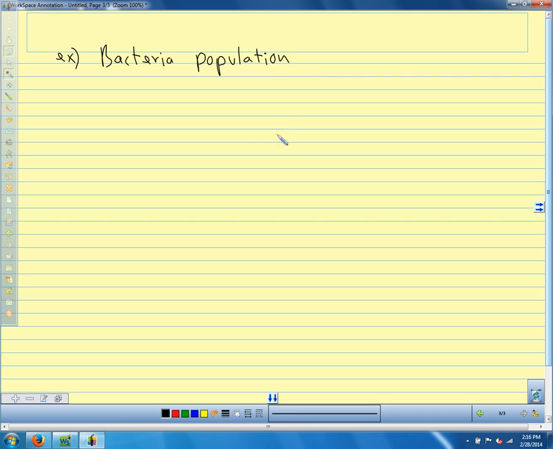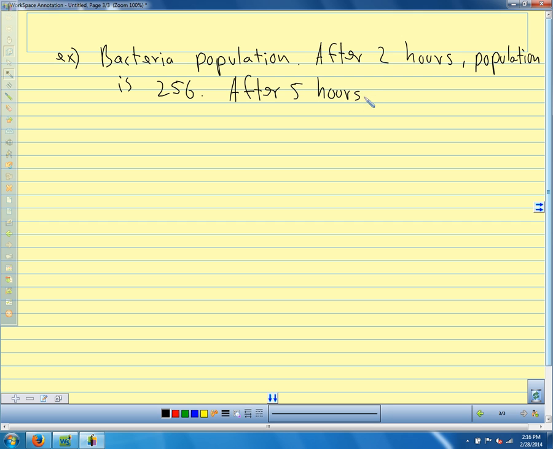After 2 hours, the population is 256 bacteria. After 5 hours, we have 541 bacteria. We want to know what will the population be after 24 hours.